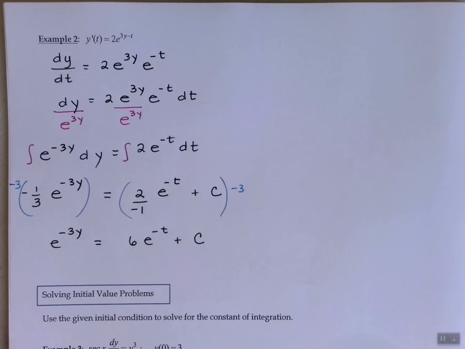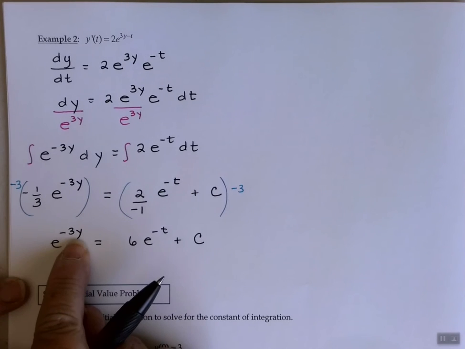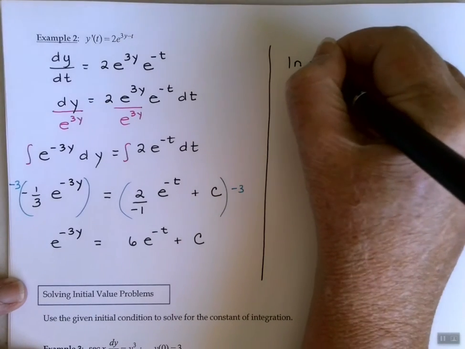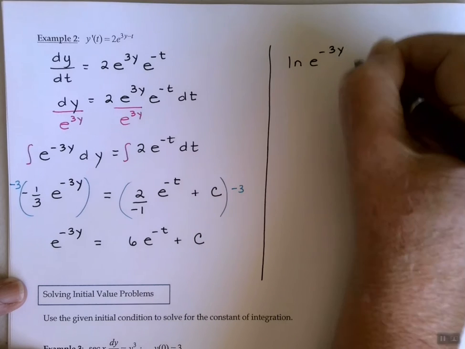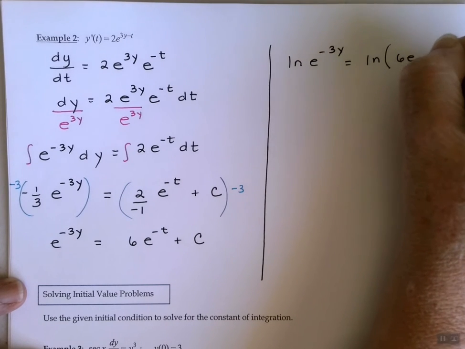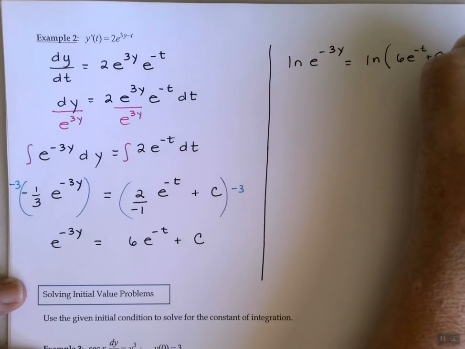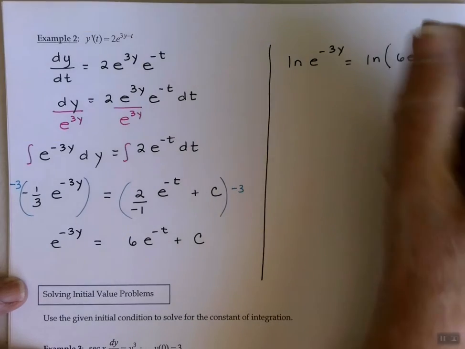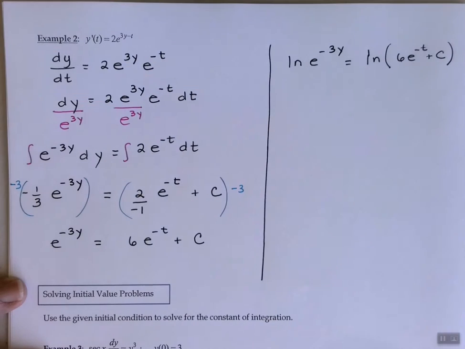All right, I need to solve for y, so we need to take the natural log. Now notice that plus c does have to stay inside the natural log. I can't split it up or pull it out or anything like that. Logs don't work that way, right?